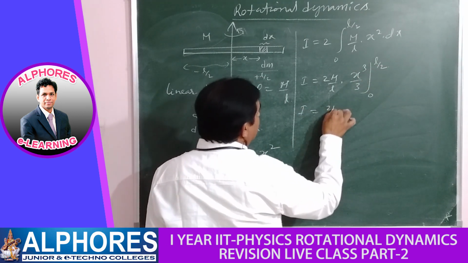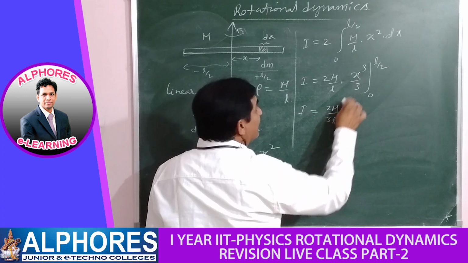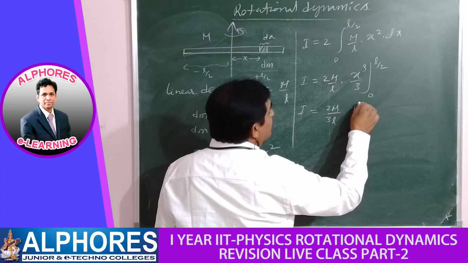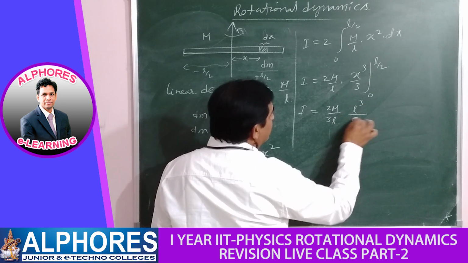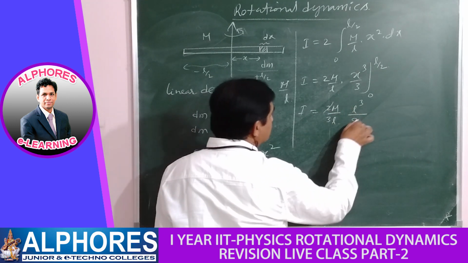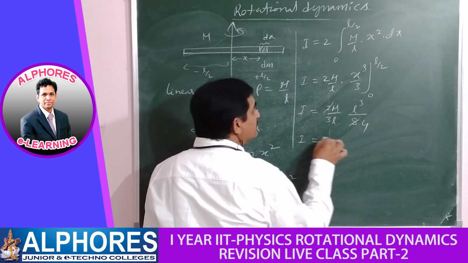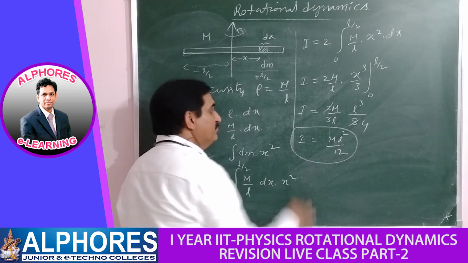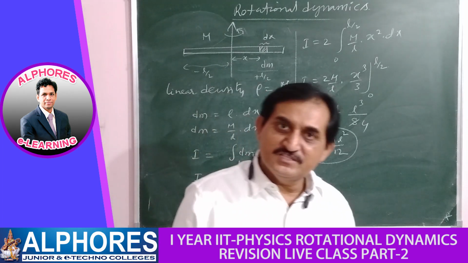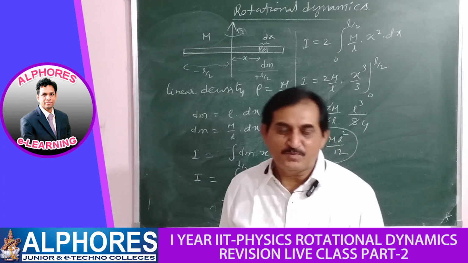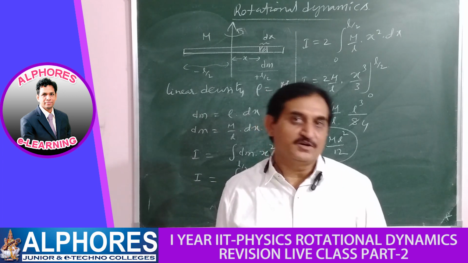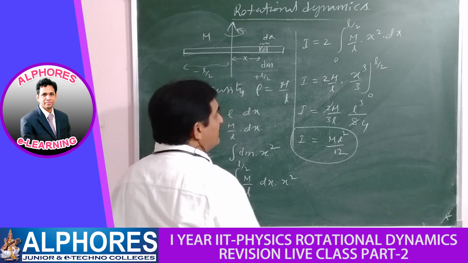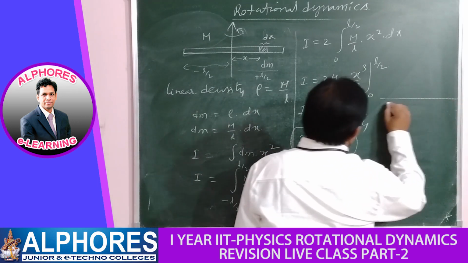I is equal to 2m by 3L. Now put this value instead of x, you will get L cube by 8. You will get mL square by 12. This is the moment of inertia of this thin rod about an axis passing through its center perpendicular to its length.